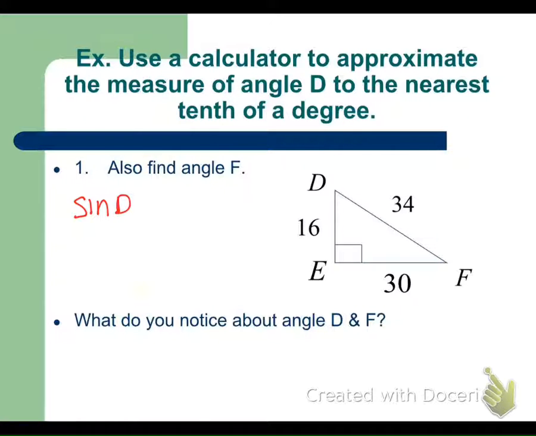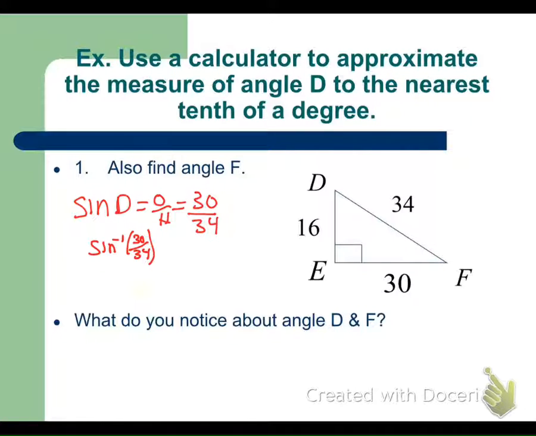of angle D equals, sine is SOH, opposite over hypotenuse. What side is opposite of angle D? 30. Hypotenuse is 34. So if we want to find that angle measure, we have to apply the inverse. So you're doing sine inverse of 30 divided by 34.